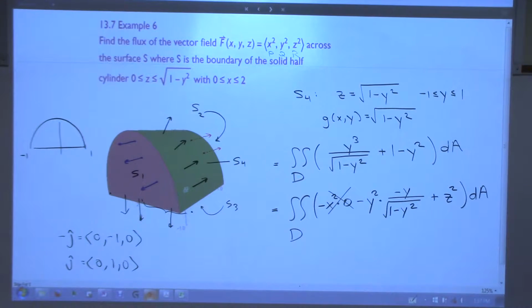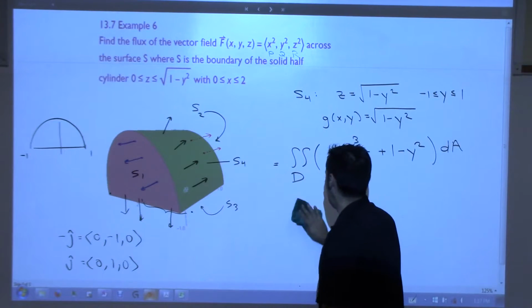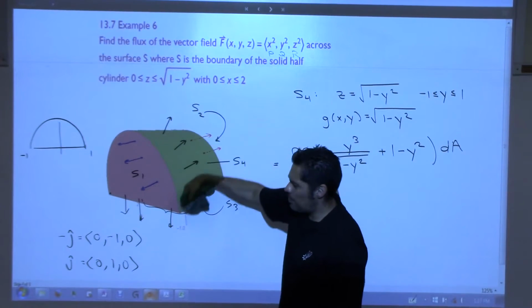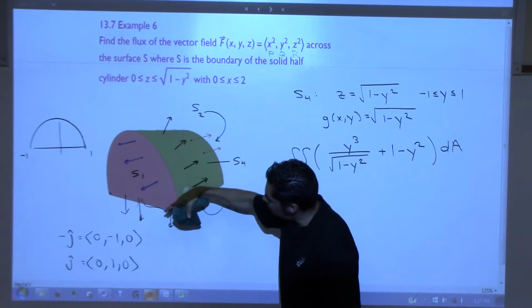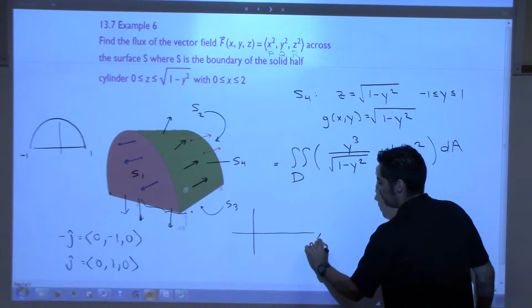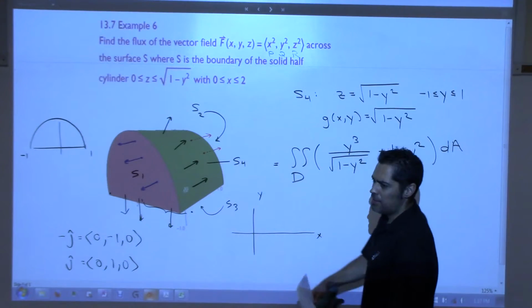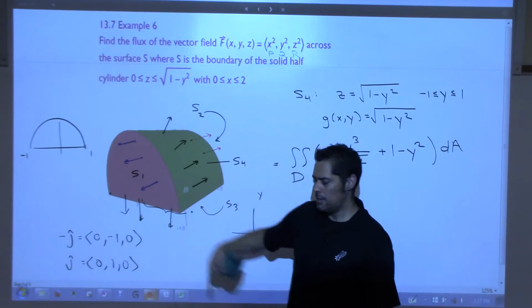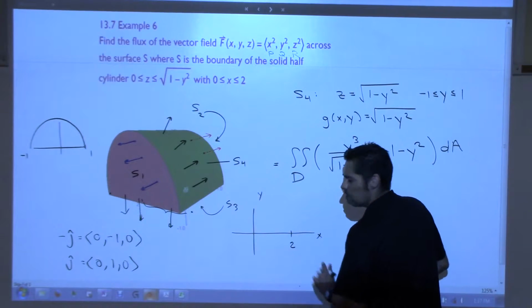And I think that's good. I'm ready to go ahead and get my limits of integration. I just want to look at this region on the ground, right? The projection of that green surface onto the ground should create, now just be careful here, this is x, this is y. Remember, x is coming out at you, right? So my x is going to go out to 2.